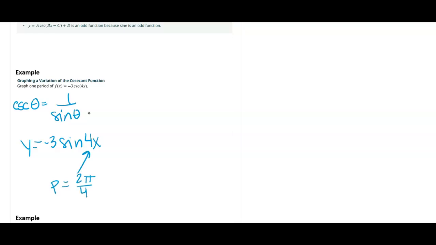So cosecant is 1 over sine. If I had -3 sine of 4x, I know that my period would be pi over 2, and I have a negative stretch.